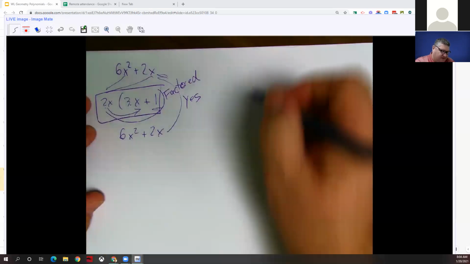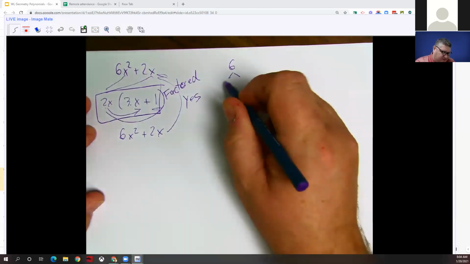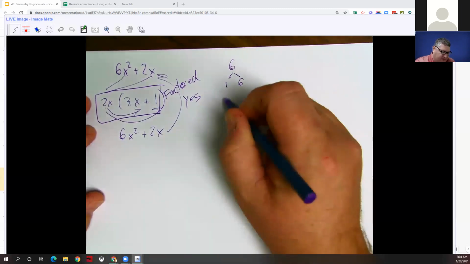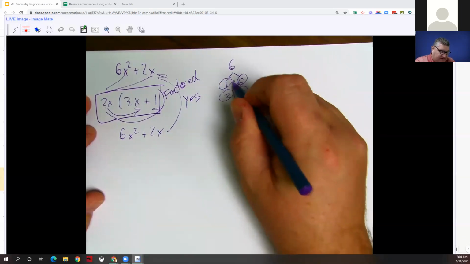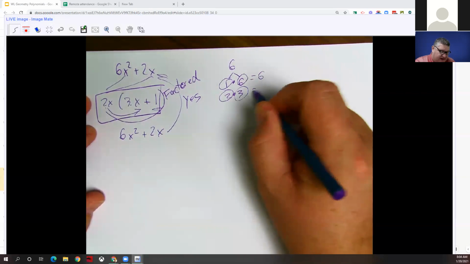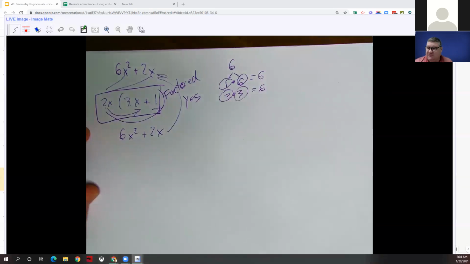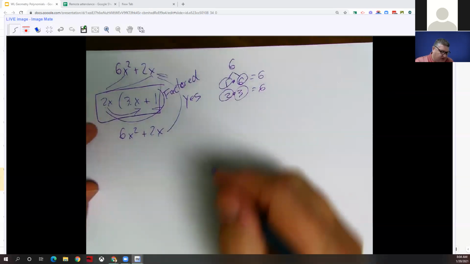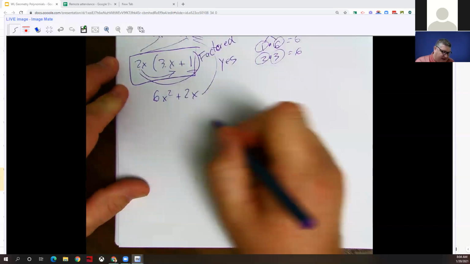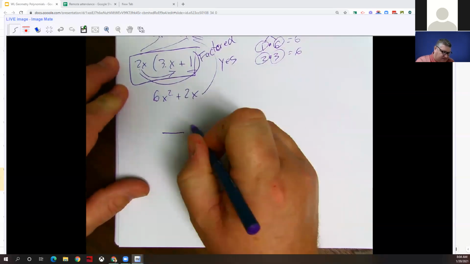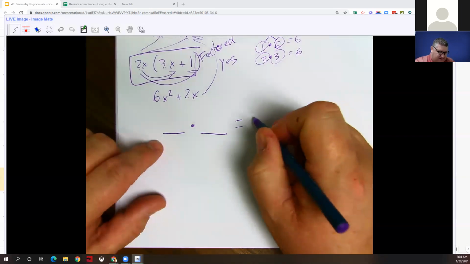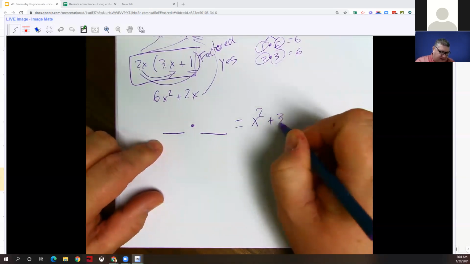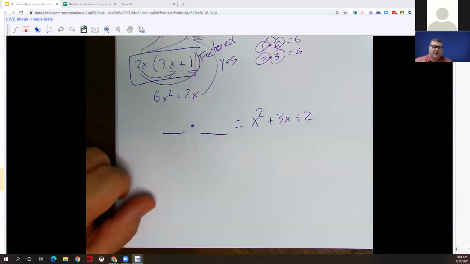Now, factors mean if I have something like 6, 6 breaks down into 1 and 6, or it breaks down into 2 and 3. These are factors, things that multiply together to make 6. So that's what we're looking for. Now, on the other hand, if I have this times this equals, let's say, x squared plus 3x plus 2.